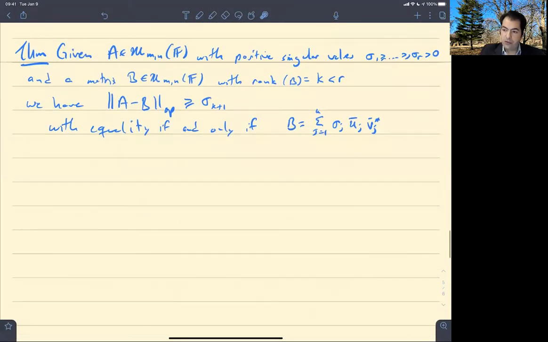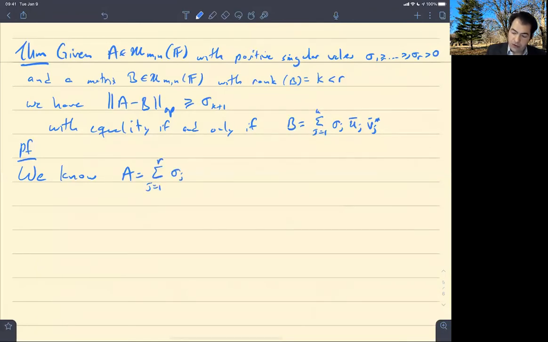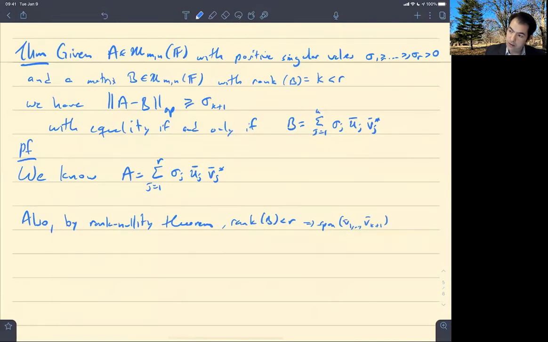Okay, so let's prove this. We know that A is this full sum, sum all the way to R. Also, by the rank nullity theorem, since the rank of B is less than R, we know that the span of V1 through Vk plus 1 intersects the kernel of B in more than just the 0 vector.